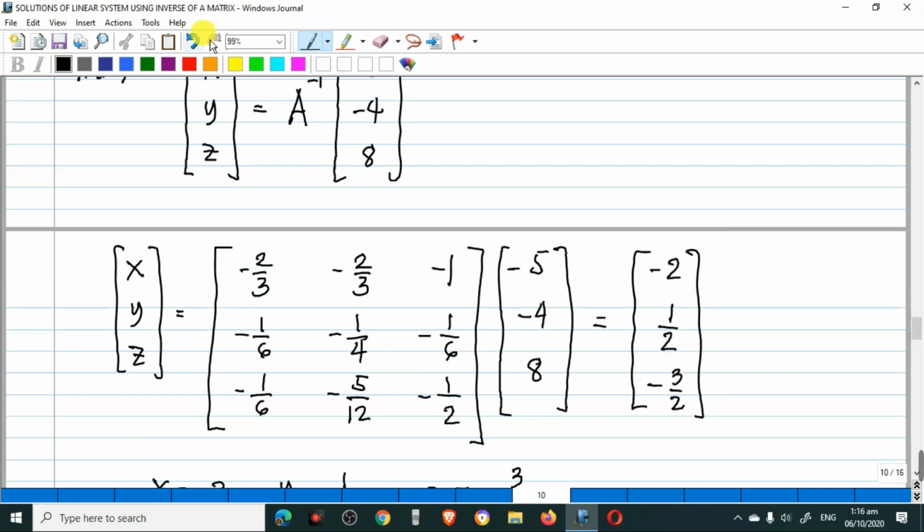Ito na yung magiging value mo na x, y, and z. This is the product of your elements of the matrix, or inverse of the matrix, tapos yung nasa equal side mo. So, therefore, the value of your x, y, and z is equals to x will be negative 2, y is positive 1/2, and yung z mo is negative 3/2.